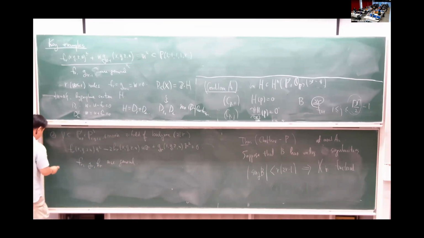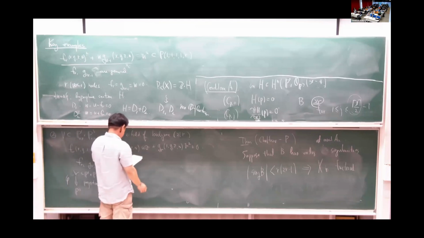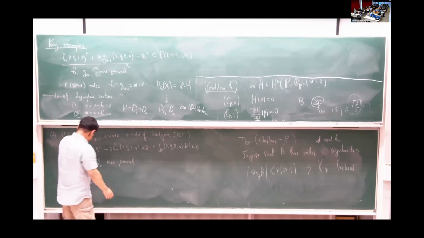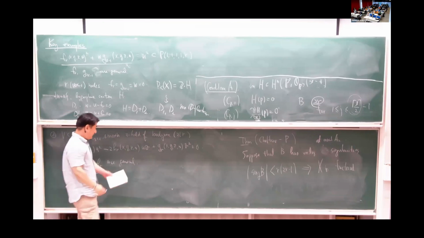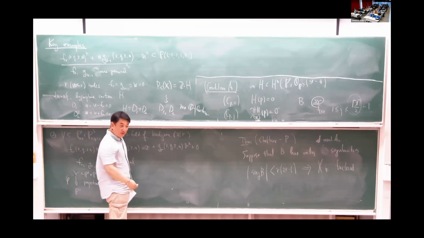All right, in this case, you have a natural projection to P3 because this is P1 cross P3. Okay, let's say this is phi. This is the projection. All right, and this projection contracts the r cubed curves.